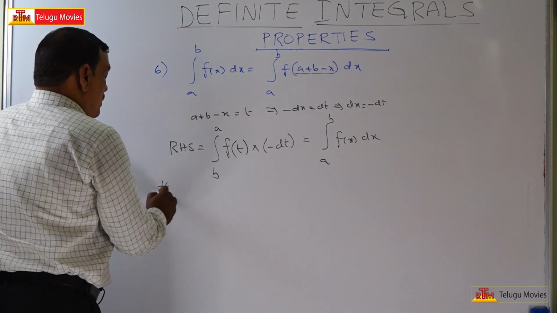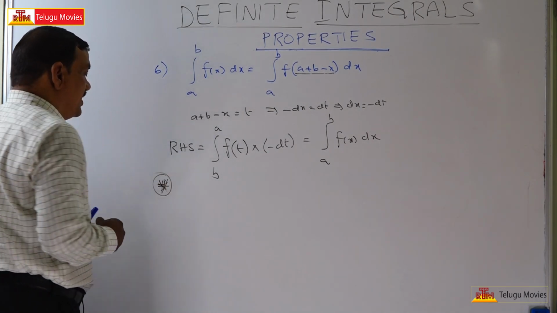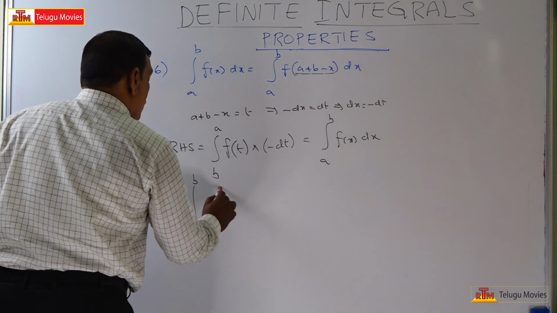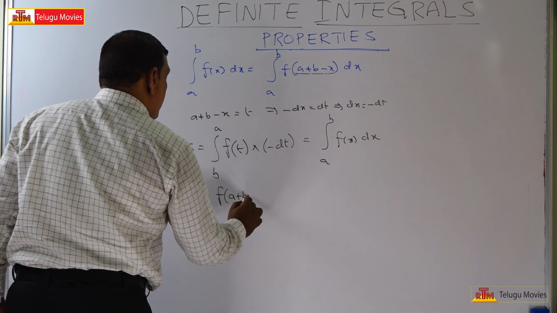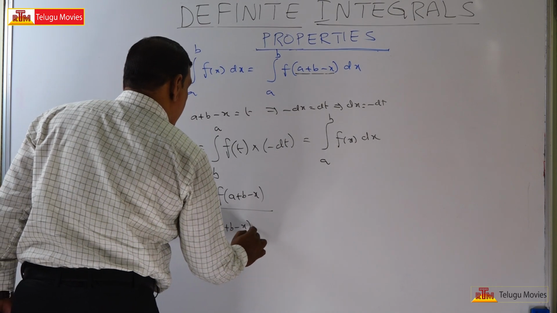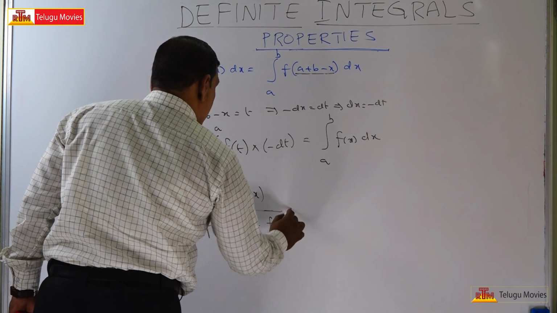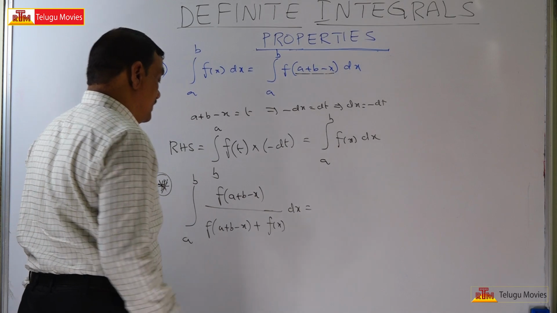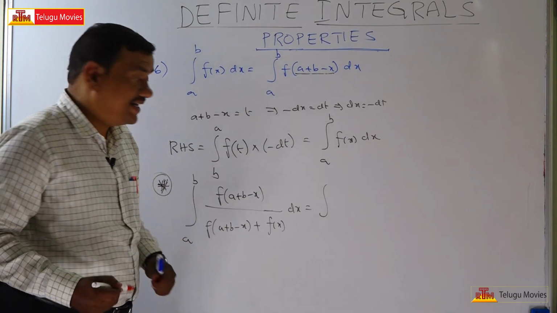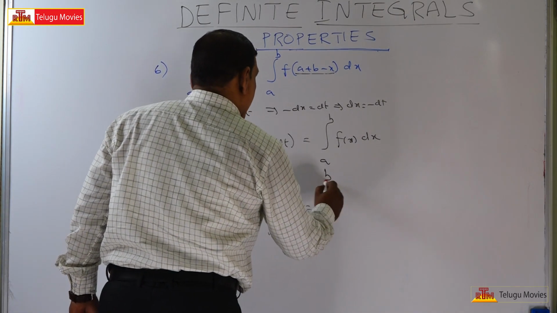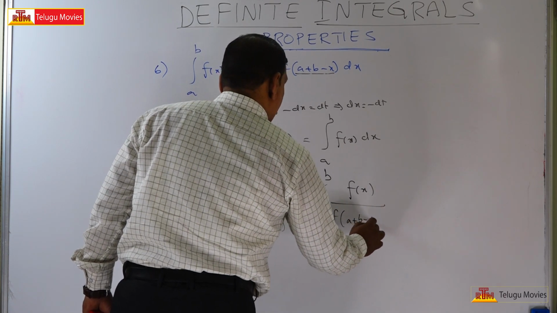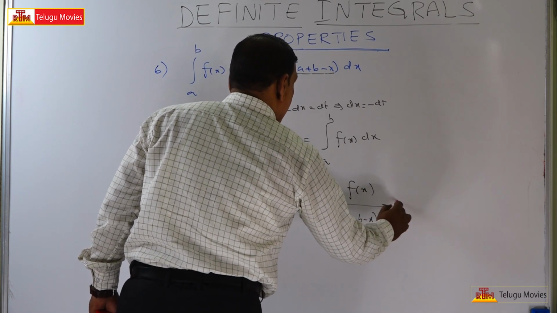Integral a to b of f of a plus b minus x by f of a plus b minus x plus f of x dx is the same as integral a to b of f of x by f of a plus b minus x plus f of x dx.